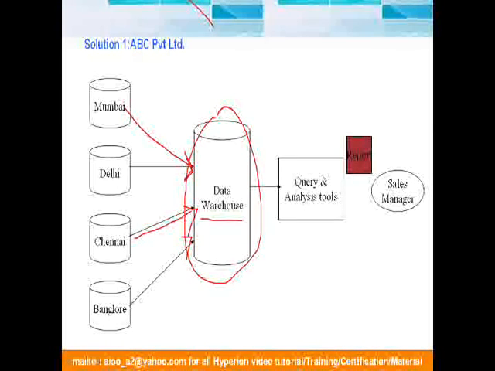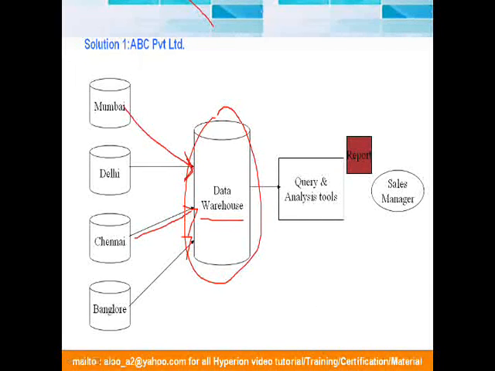What does warehouse mean? A warehouse is a place where you hold the data. There may be multiple complexities involved, but we are going from simple to complex. So here I'm assuming we simply extract data from different sources and dump it into a common place, and we call it a data warehouse. Now this data is lying unused.